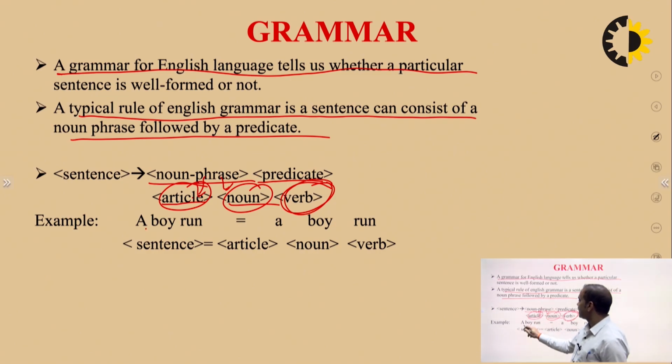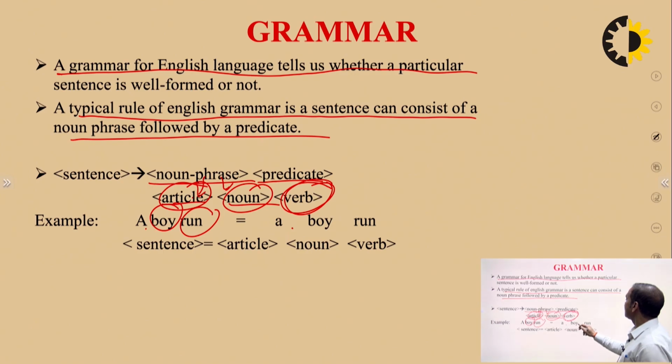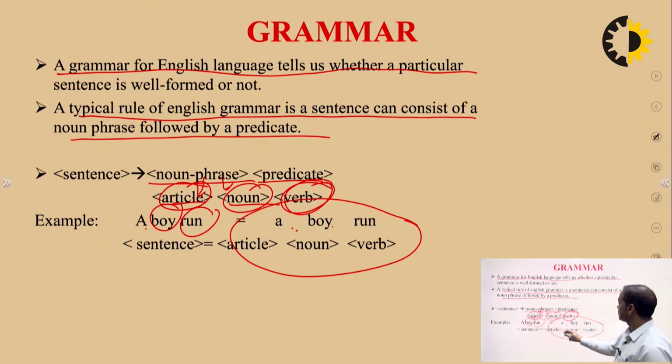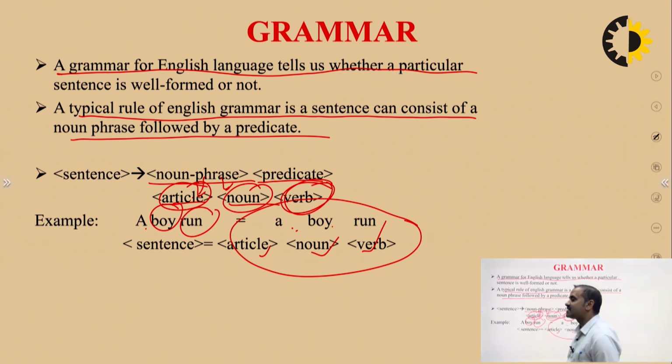Here, article A, noun boy, and verb run. A boy run. This is divided into three parts, article, noun, and verb. That means how we represent a sentence in the form of grammar, we can easily translate it.